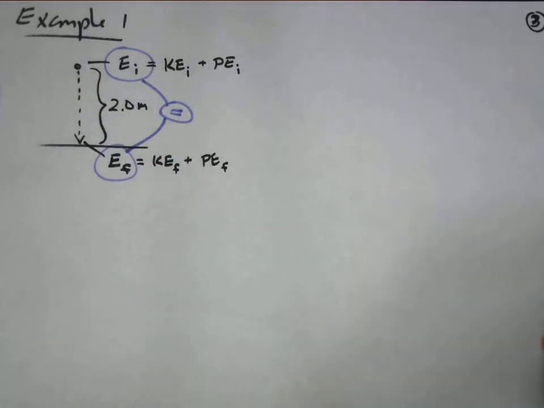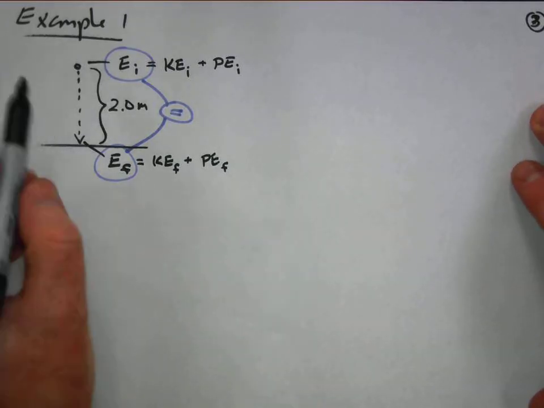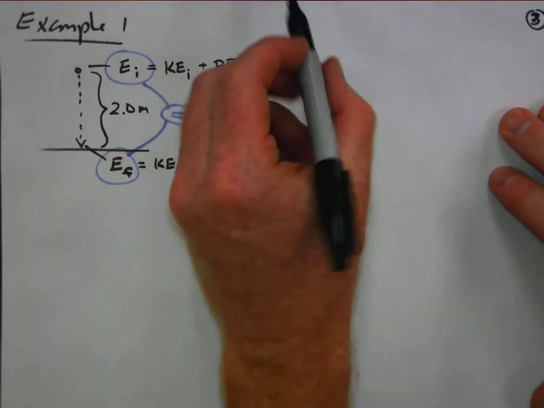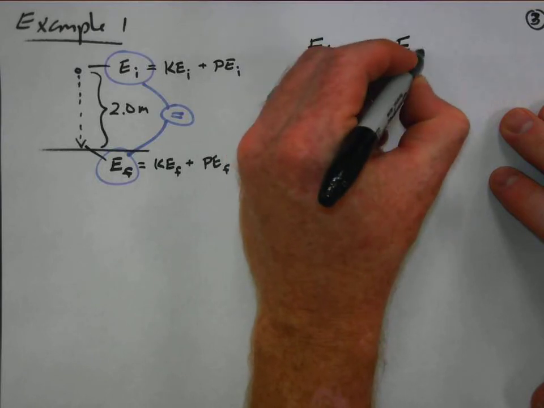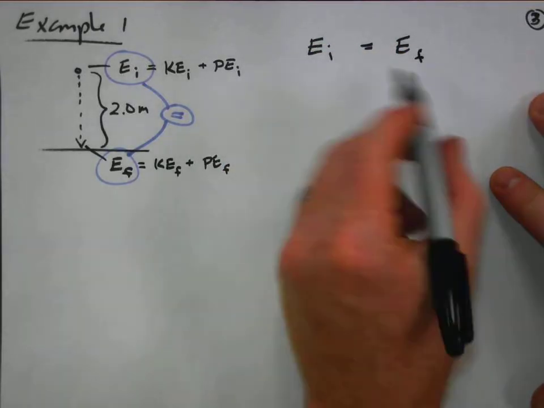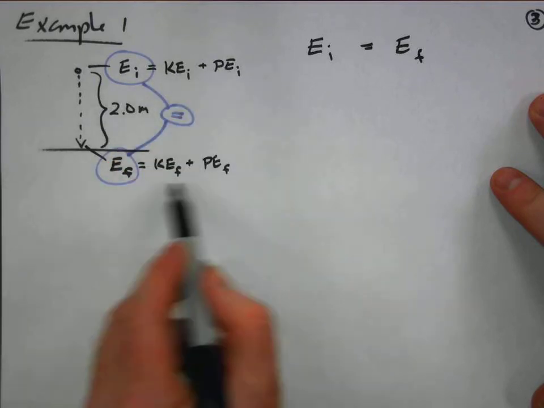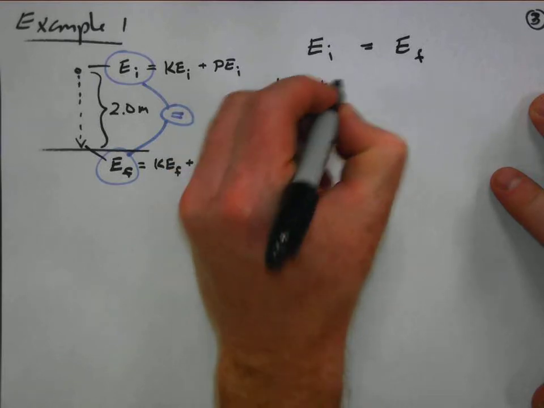And that's how we start off working this out. I'm ultimately going to say that I'm looking for how fast it's going here right before it hits the floor. So here's how I start this. Just like that. And then each one of these expands.